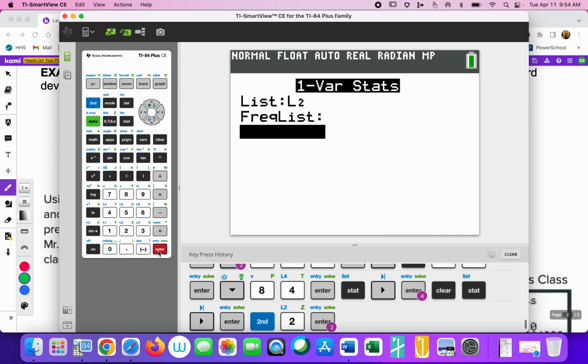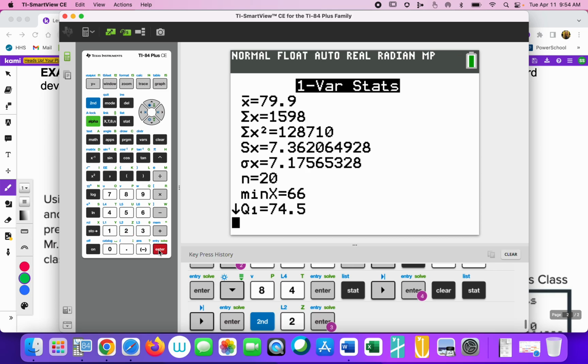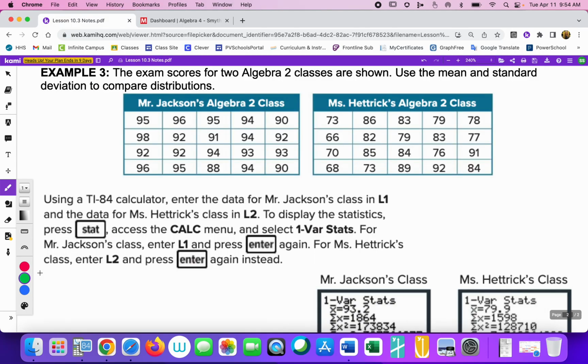So if you're just comparing different lists, then that information should pull up. To change the list name, it's second 1, second 2, second 3 if it's list 3, and so on. And it does say that in this little thing on your paper right here. It does tell you how to do that.